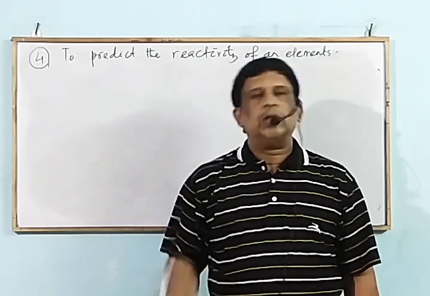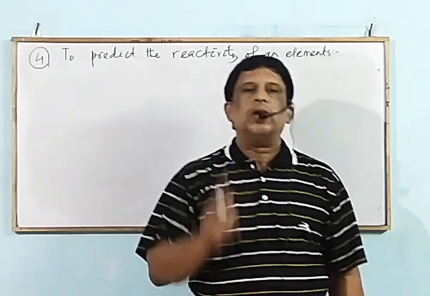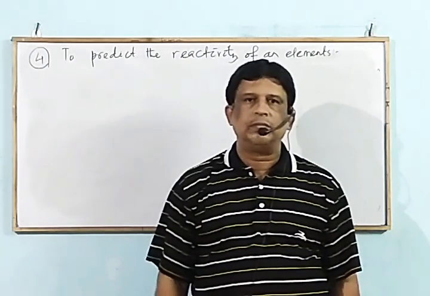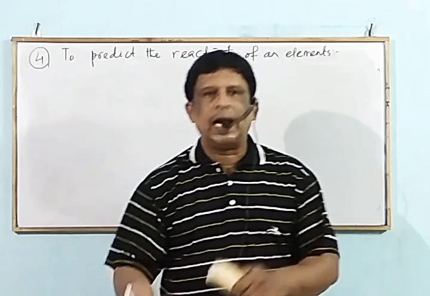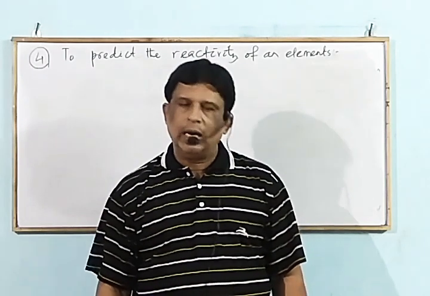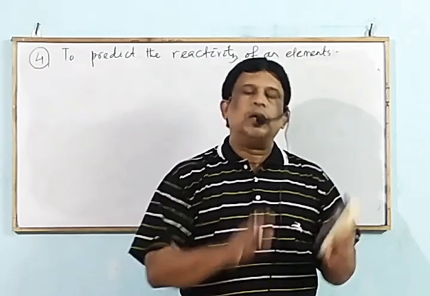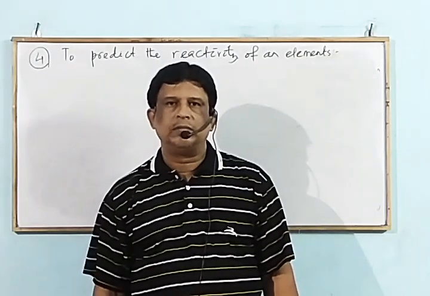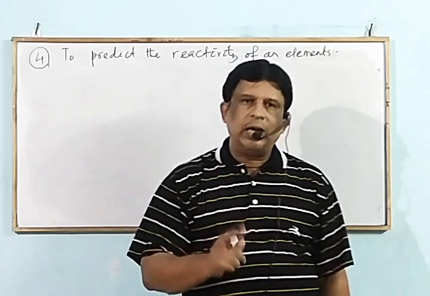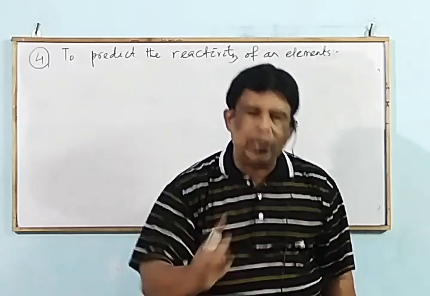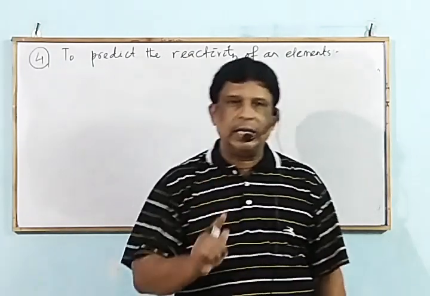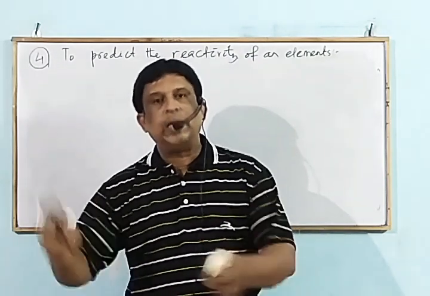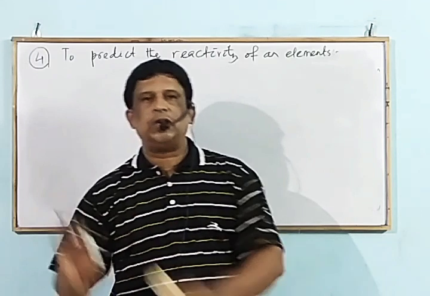So the metal or element which possesses lower reduction potential is more reactive, while that which possesses higher reduction potential is less active. I repeat again, the element or metal possessing low reduction potential value is more active, and it displaces other metals from their salt solution.